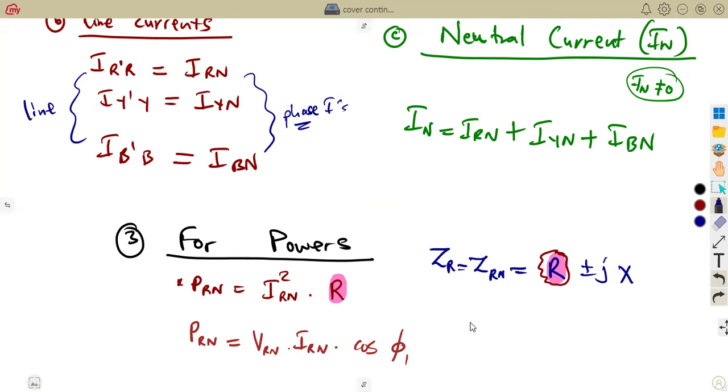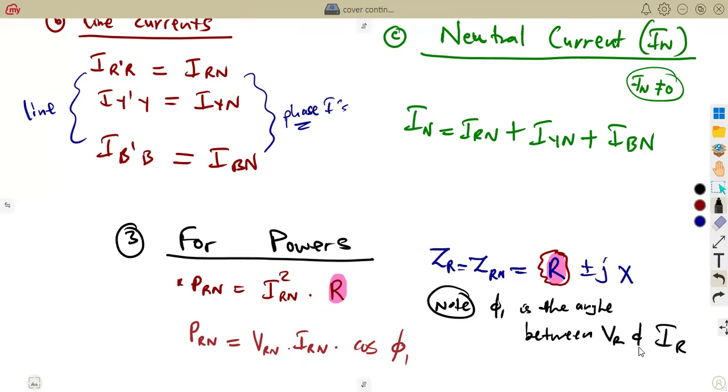So knowing that this phi 1, you're supposed to note that the angle this phi 1 is the angle between these two values, VRN and the current in that phase, between the voltage and current. The angle between that voltage and current.